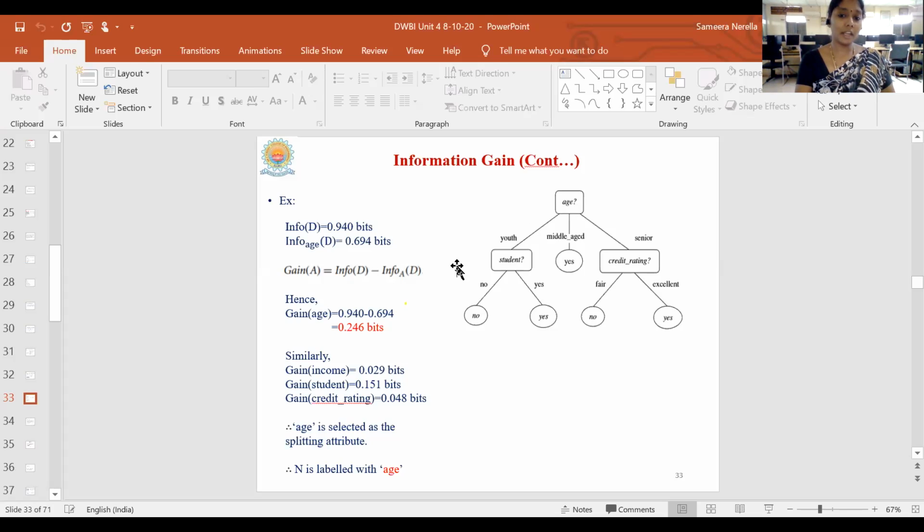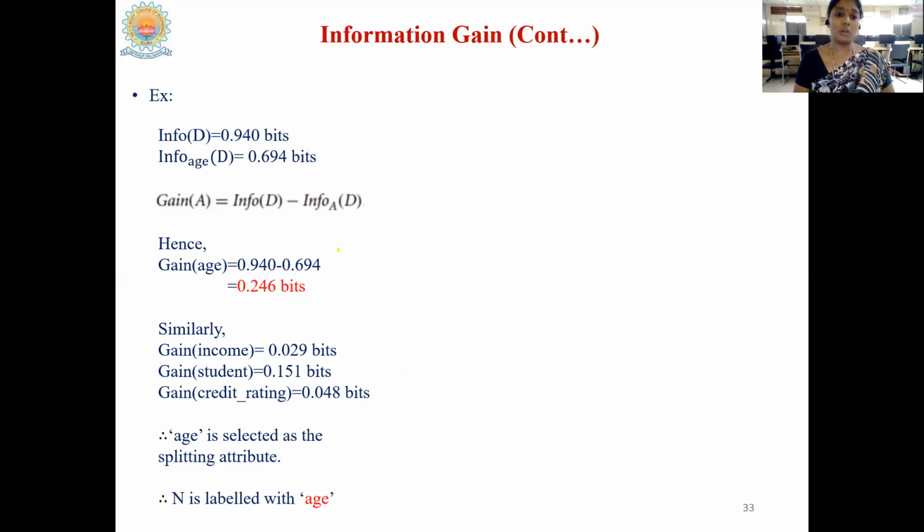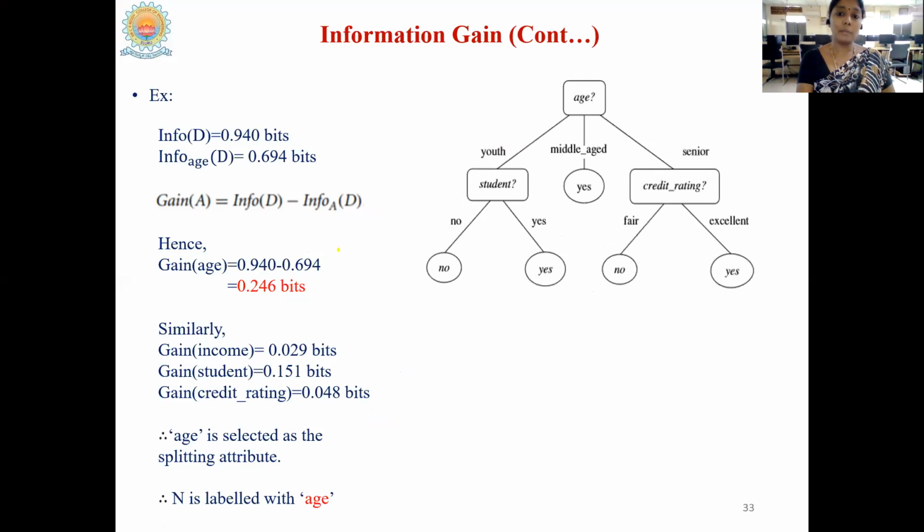Again at this stage, we need to go for the attribute selection method and apply the information gain procedure. You need to go through the entire thing, and after that, in this example, student is selected as the next best attribute out of all the present attributes of the data set other than age.